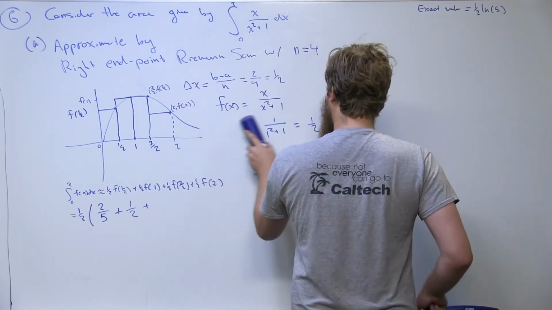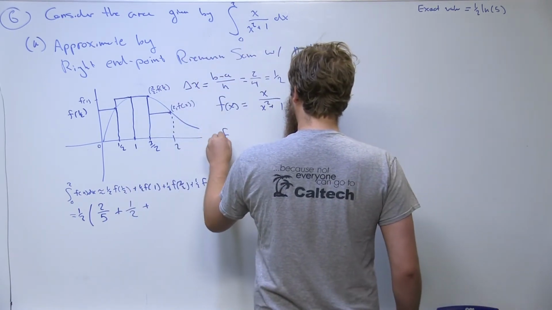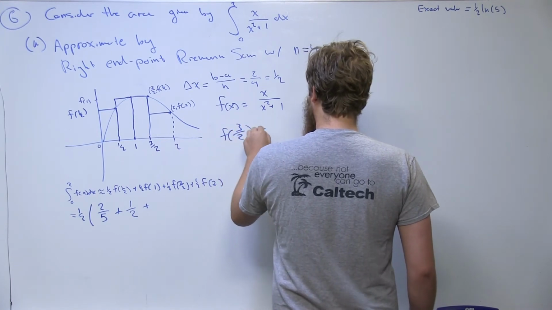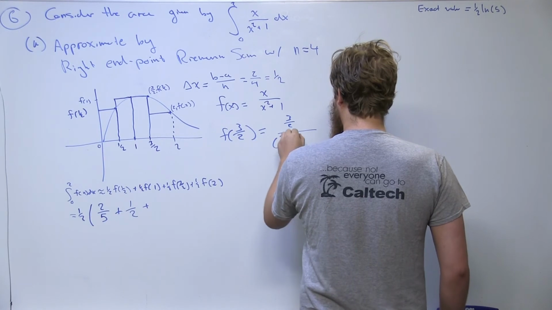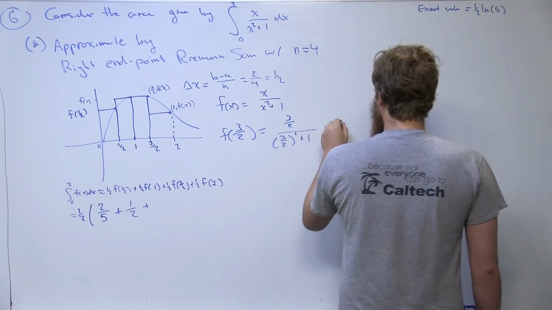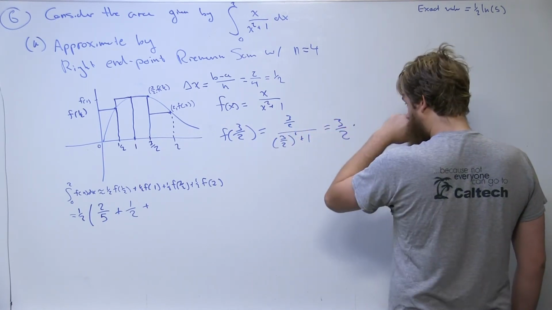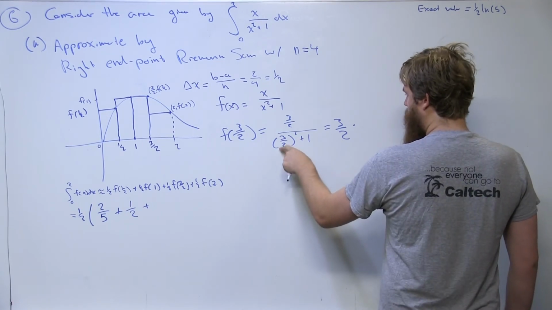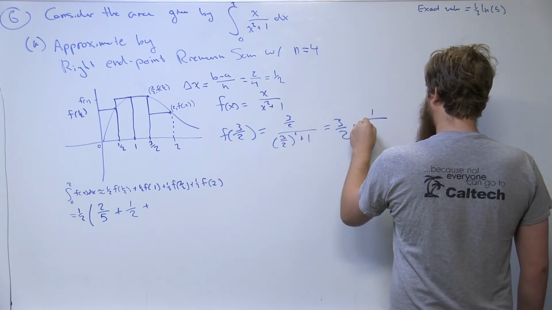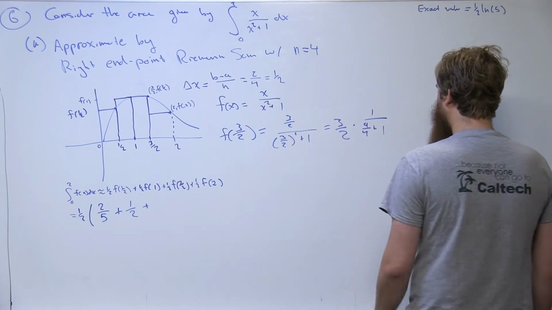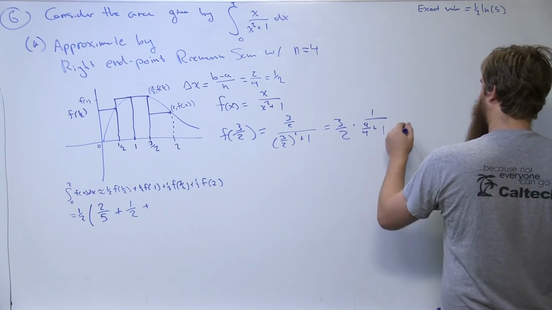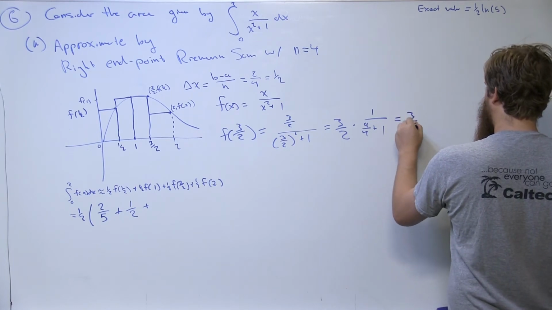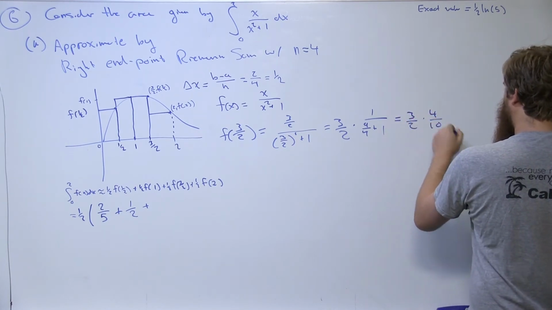Next we need f of 3/2. That's 3/2 divided by 3/2 squared plus 1, which is 3/2 times 1 over 9/4 plus 1. 1 can be written as 4/4, so that's 13/4, no, 10/4. So when we take the reciprocal, it is 4/10. So it's 3/2 times 4 over 10.